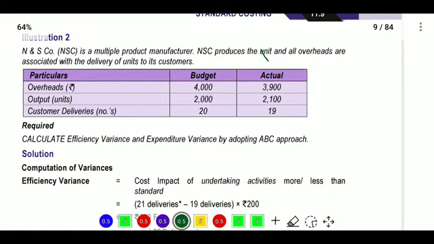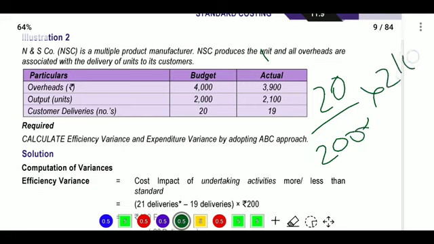For 20 deliveries for 2000 units, what will be the customer deliveries for 2100?